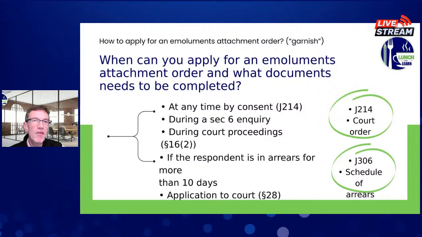Now, in many of my cases where I do mediation in maintenance matters, even if they come and see me at the office beforehand, I would have the respondent fill in a J214 document or form, that's a justice form, where he consents to an amount of maintenance.